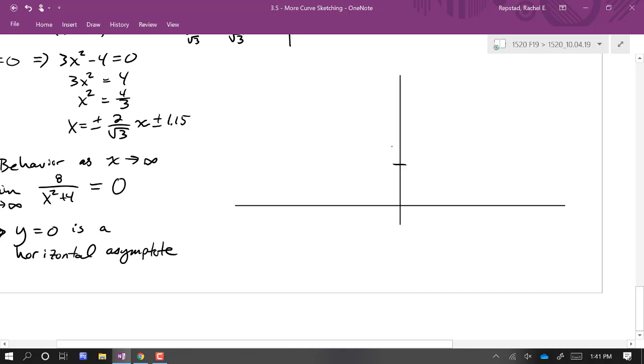Okay, so it has a max at (0, 2). And then we have these other points. I don't think I need to go too far out.